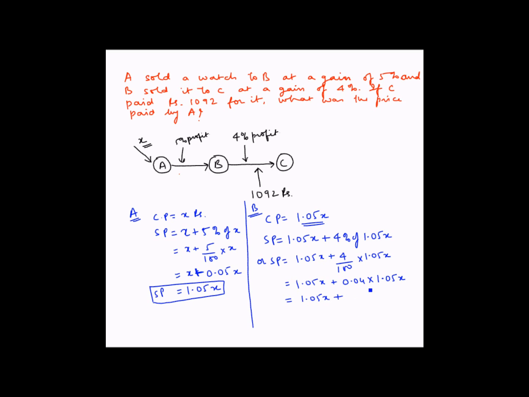So this is equal to 1.05x plus, now 4 5s are 20, so 0 and 2 carry over, 4 zeros is 0 plus 2 is 2, and 4 1s are 4. And then we have the decimal at 4 places, so we have to add a 0 and put a decimal, and multiplied by x.